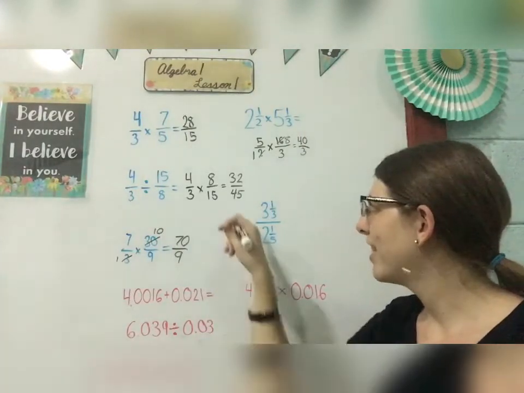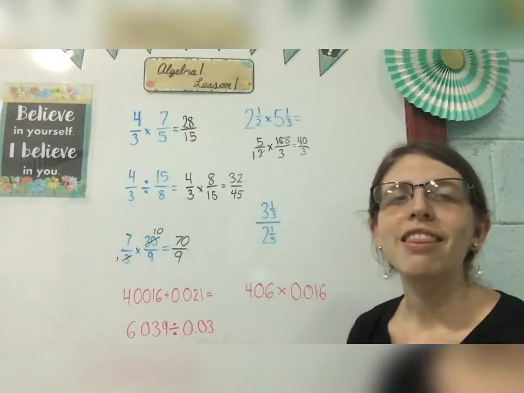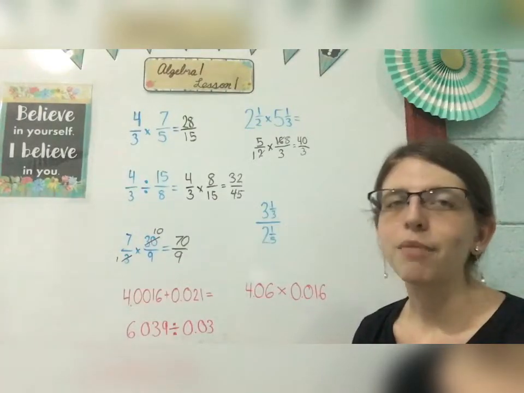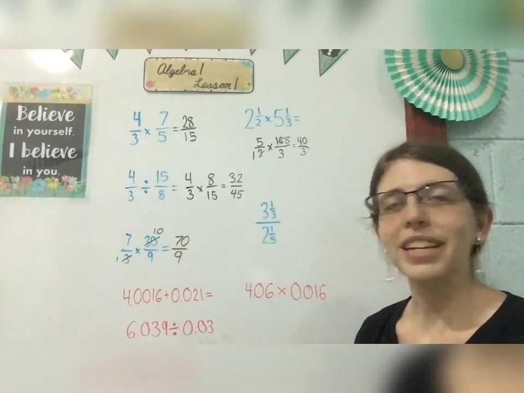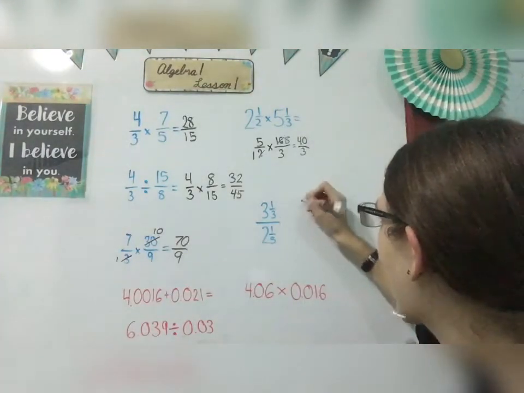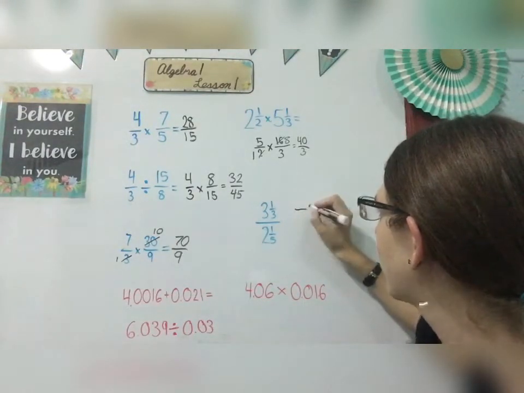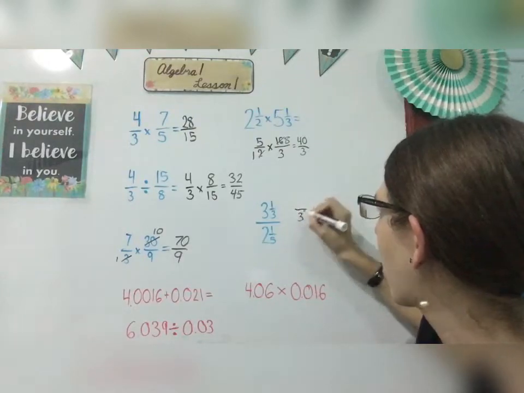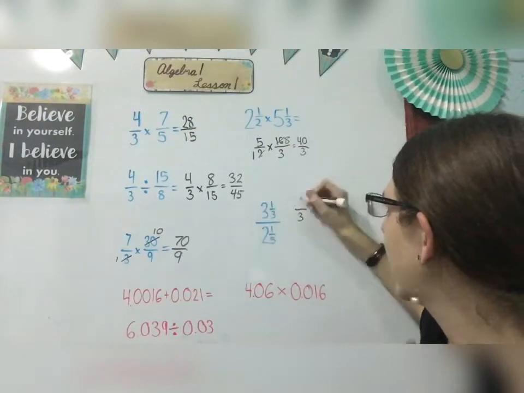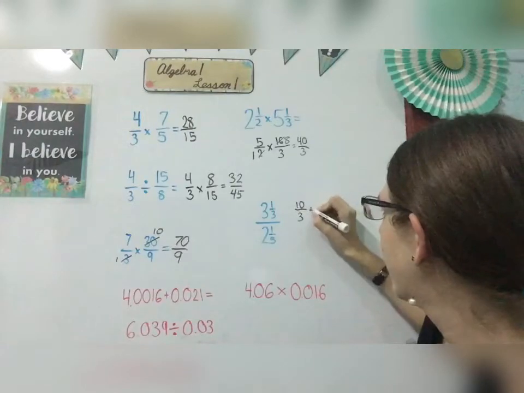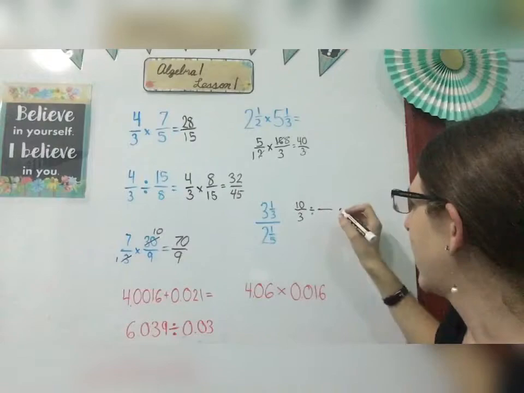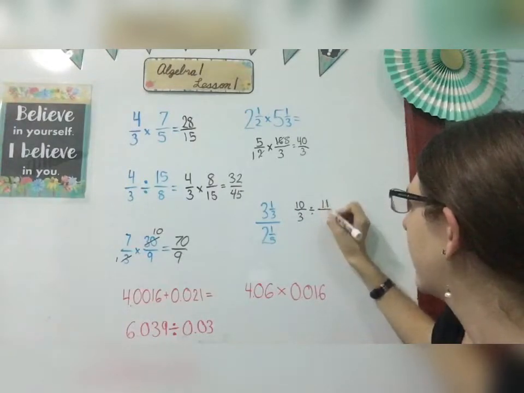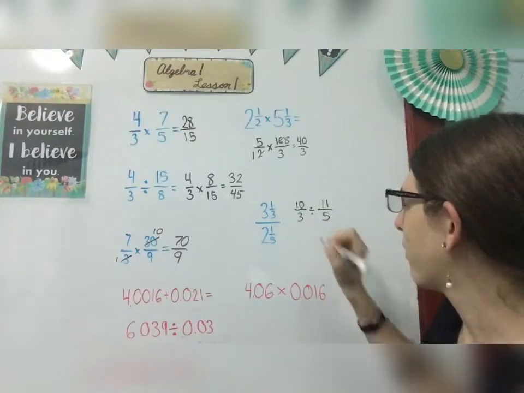Now I'm going to move on to this one. Remember, that line, that fraction bar, means the same thing as division. So that's all I'm going to do is divide. So I have 3 1/3, so I'm going to change that into an improper fraction. 3 times 3 is 9, plus 1 is 10, divided by 2 times 5 is 10, plus 1 is 11/5.